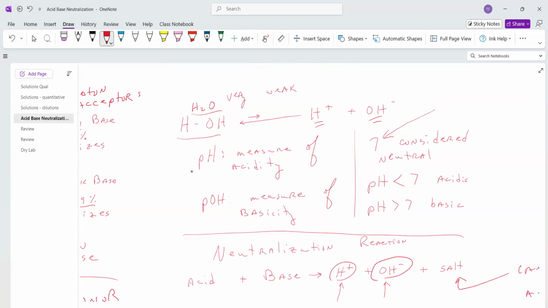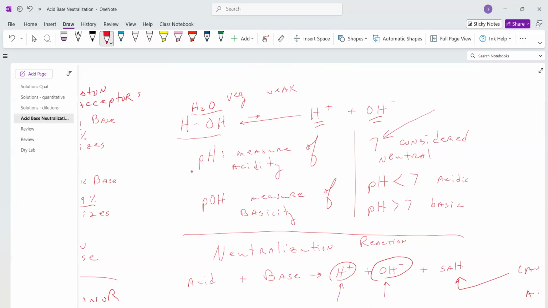It's a very weak acid and a very weak base, but both happen. And there are a number of terms that describe that. One is autoionization. Auto meaning automatic, and it automatically ionizes to a very, very small degree.